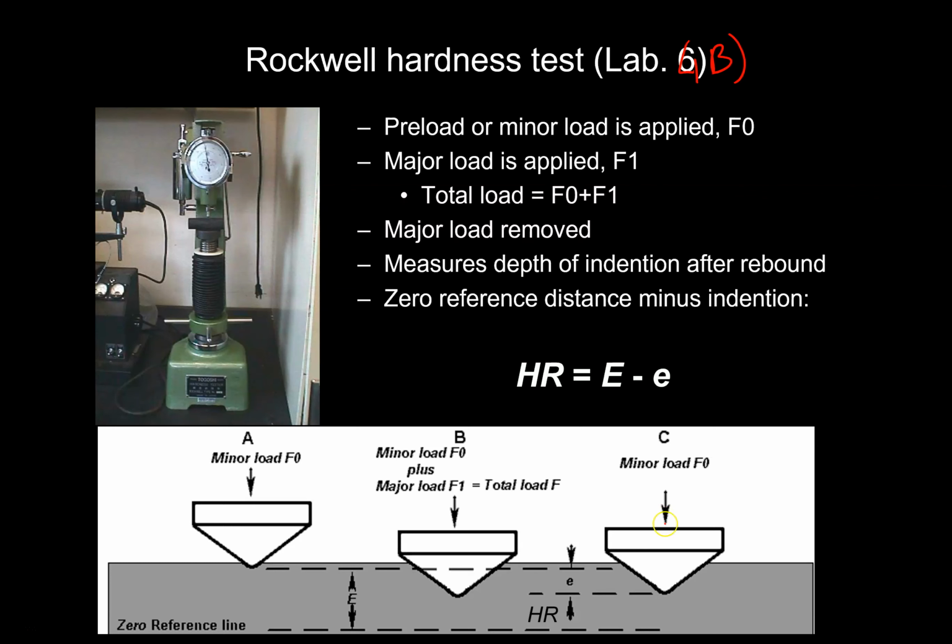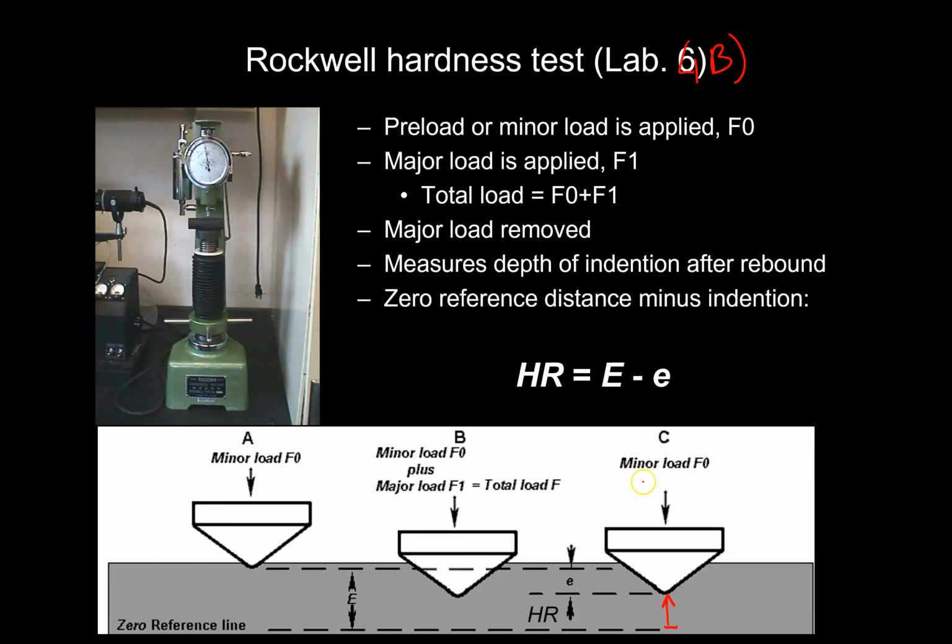Then you are going to remove that major load that was applied, but maintain a small load, so it's still in contact. What the Rockwell hardness is actually measuring is the rebound distance from the reference line here.